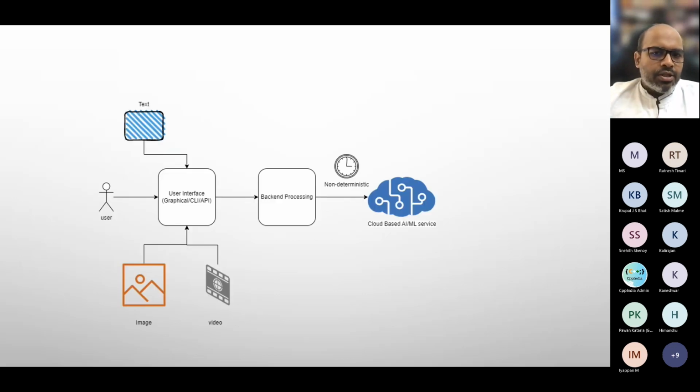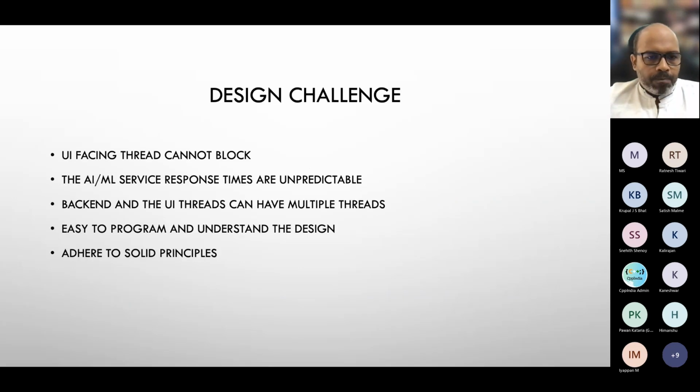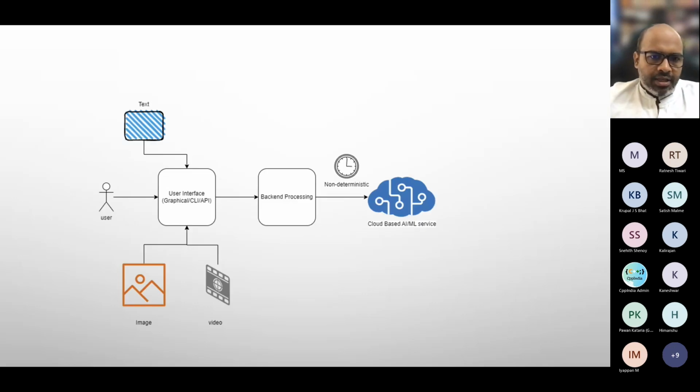And the backend processing is not only getting the data from the ML service, it's also doing some other things, right? So there could be multiple execution units in the backend also, doing other stuff, interacting with the database or whatever. So it could be multi-threaded or in some way multi-processing. And for the overall design, our goal is to have a clean and neat design, and follow all good design practices and principles.